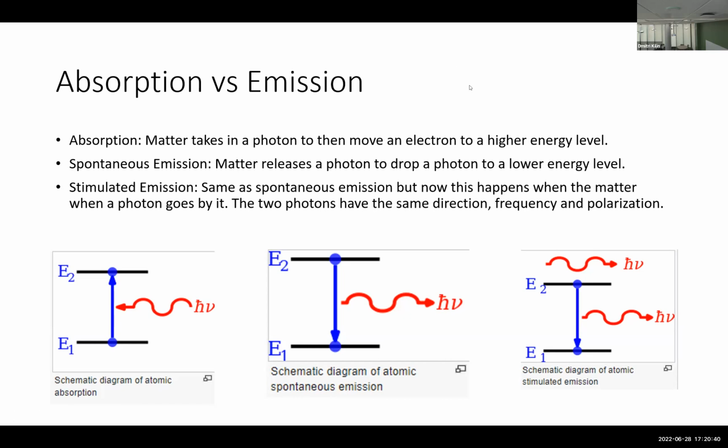Something to notice in the stimulated emission is that these two photons have the same direction as each other, frequency, and polarization. Polarization means it'll have that same wave in the same direction, such that if you were looking at them side by side, you'd only see one because they'd be perfectly covering the one behind it.